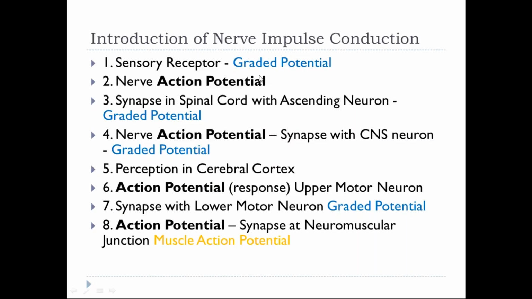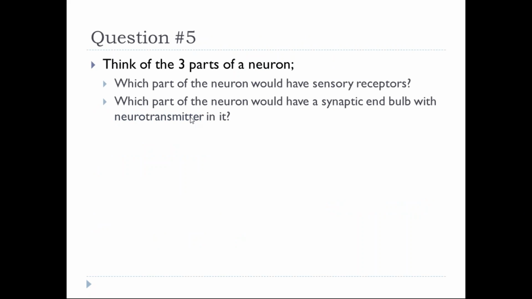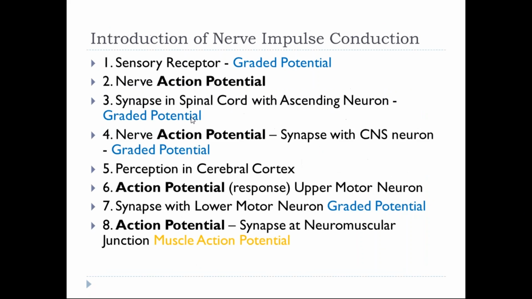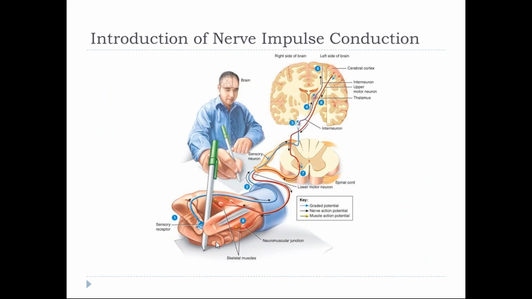Okay, so when you go through an action potential, that's what this is showing here too. Right now you may be holding a pen to take notes, right? So you have a sensory receptor there, which we know is the dendrite of a unipolar neuron. It'll be specialized for touch to hold your pen.